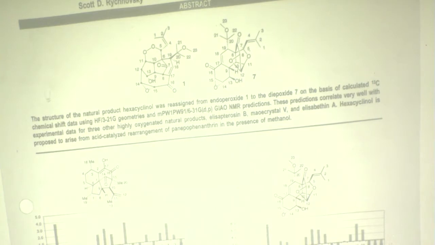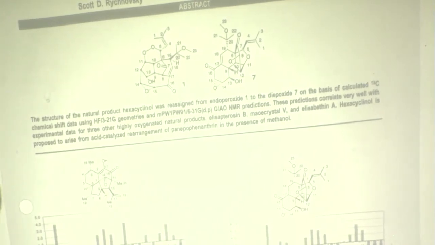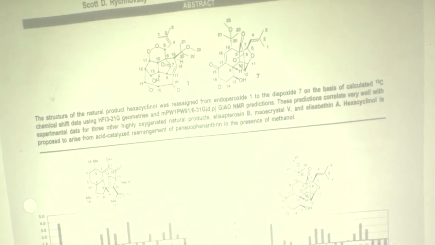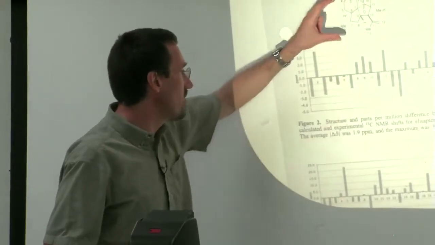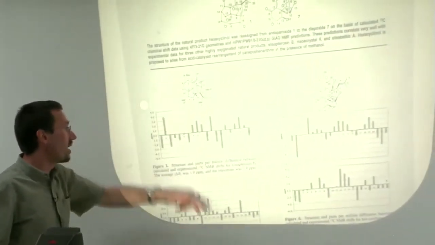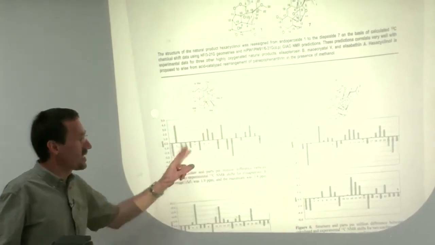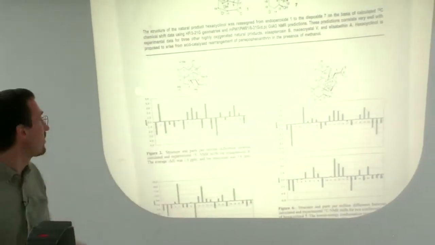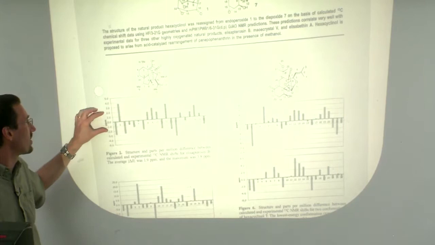So Professor Rychnovsky used electronic structure calculations to see how well he could first predict the chemical shifts of a known molecule. So he took a known compound, ellipsoterin, and did these electronic structure calculations and plotted a graph of the calculated chemical shifts versus the observed chemical shifts.